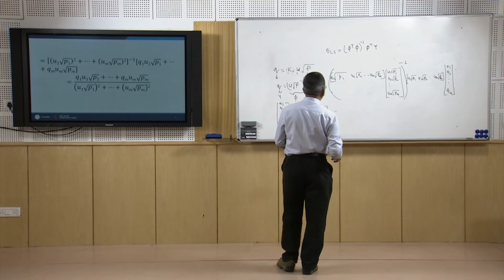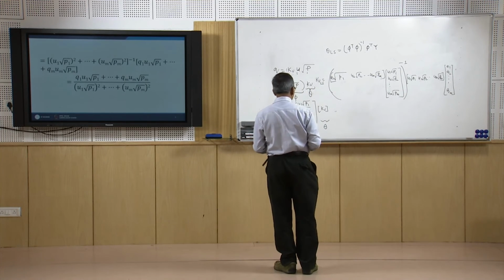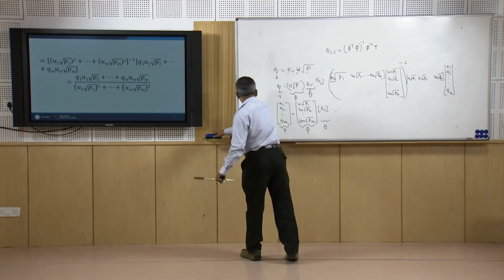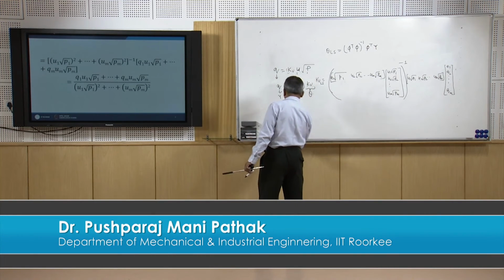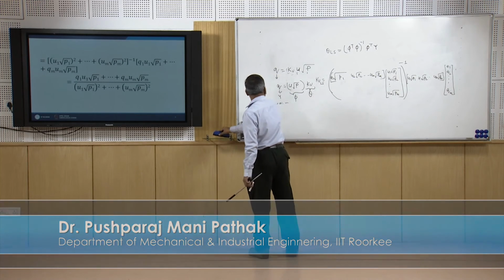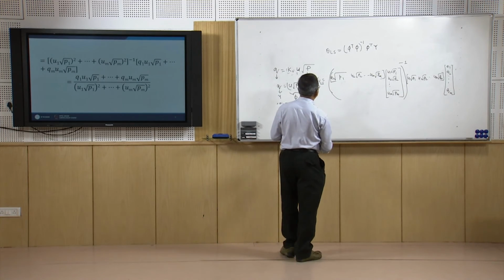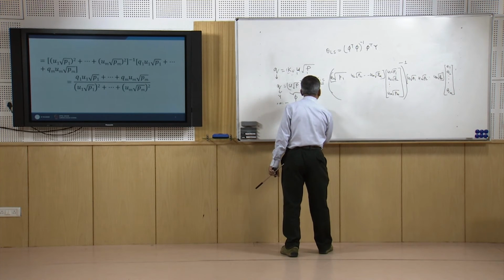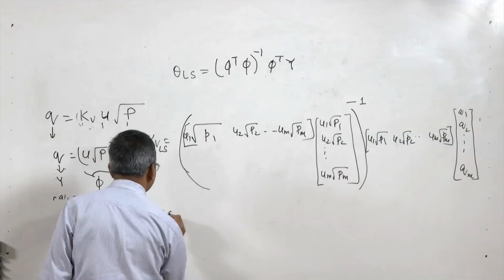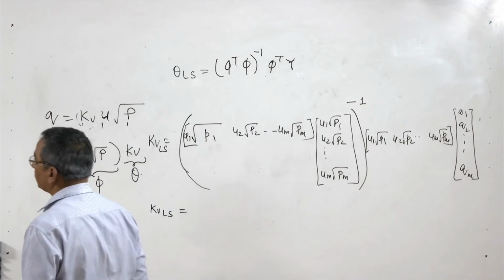So now we can simplify this expression in order to estimate the value of this kVLS, that is kV least square.